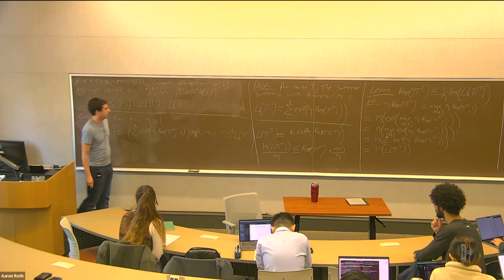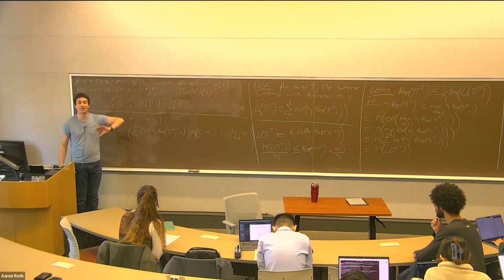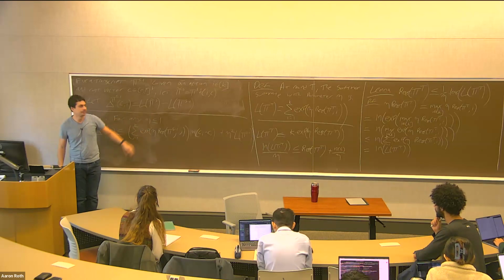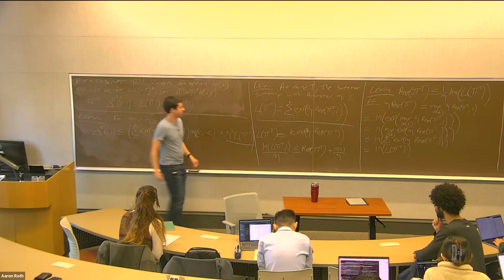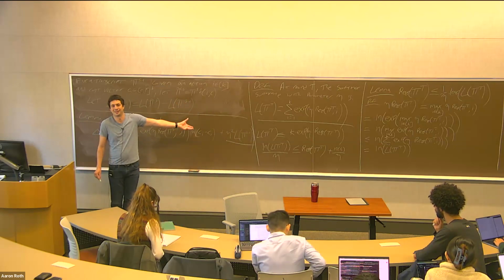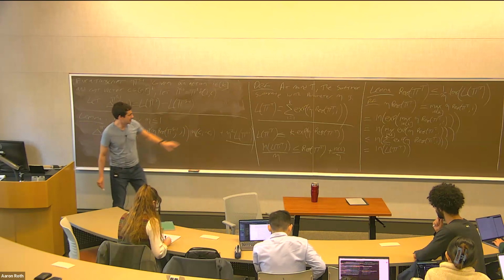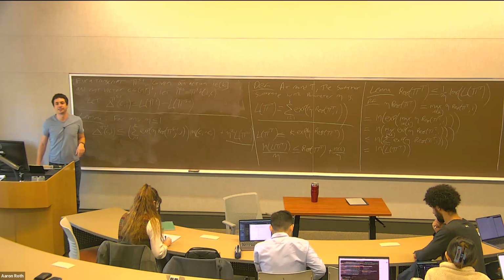In particular, some of the things in this expression are constants because they only depend on what's happened in the past. First of all, this thing's definitely a constant. That's just the loss at round s minus 1. In fact, we have no control over what that is. So if we're trying to minimize this thing, we can just totally ignore this term. It doesn't depend on the actions of either player.